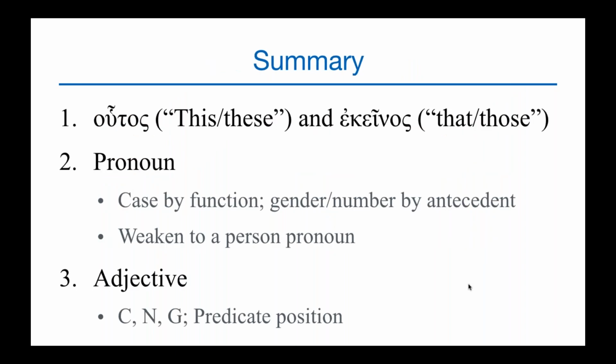All right, so like I said, not a terribly difficult set of things to learn. Houtos, ekeinos. You have gender and number by antecedent. Case is based on the function.